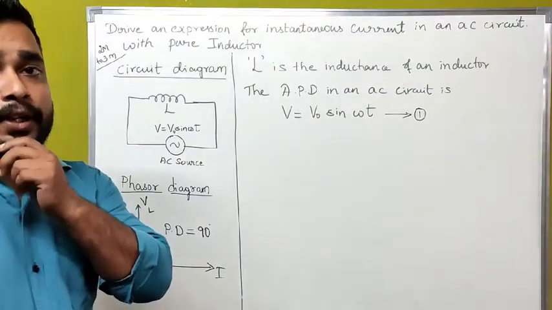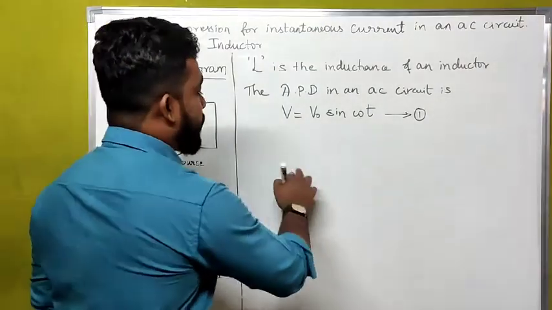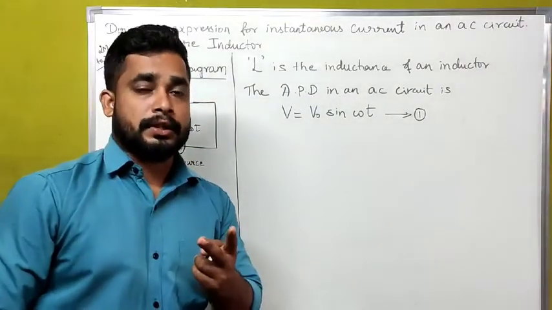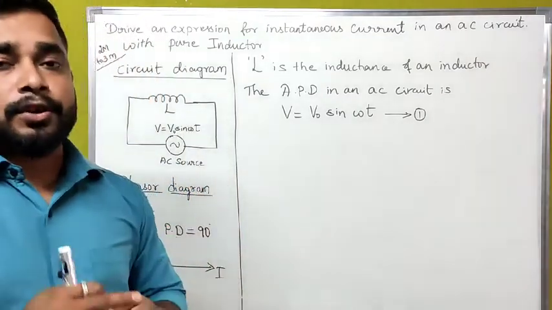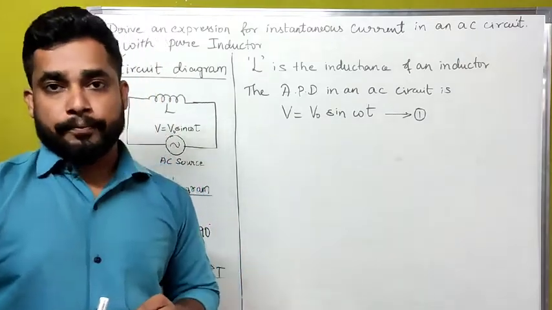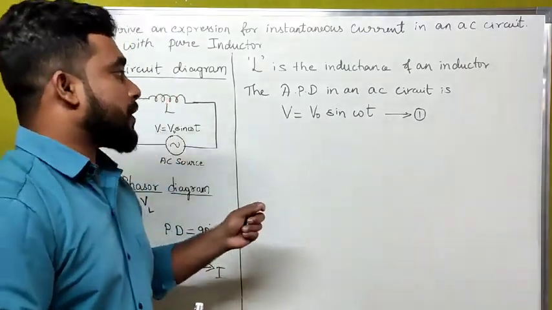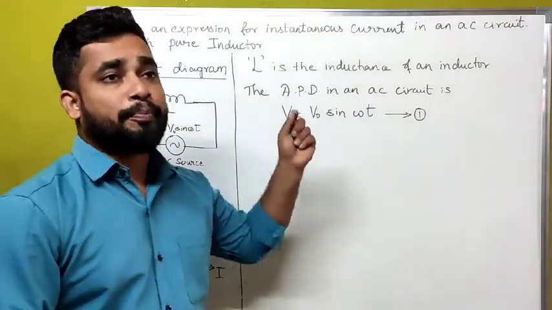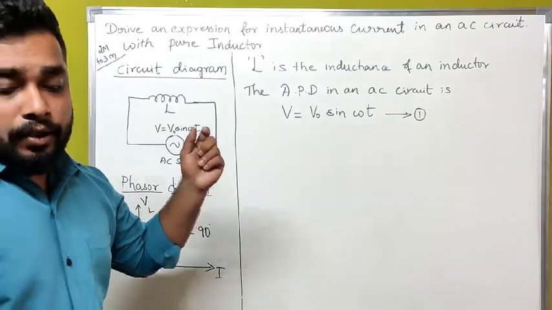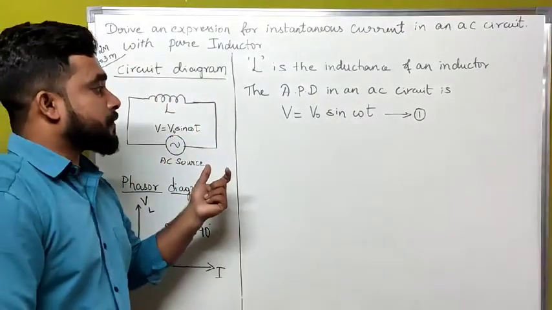But in this particular case, what we are going to consider is we have to apply Kirchhoff's law. There are two laws in Kirchhoff's laws. One is Kirchhoff's node law and the other is Kirchhoff's loop law, or Kirchhoff's current law and Kirchhoff's voltage law. Here we are considering Kirchhoff's loop law or Kirchhoff's voltage law. What is the meaning of Kirchhoff's voltage law?